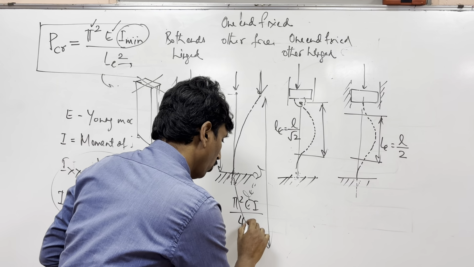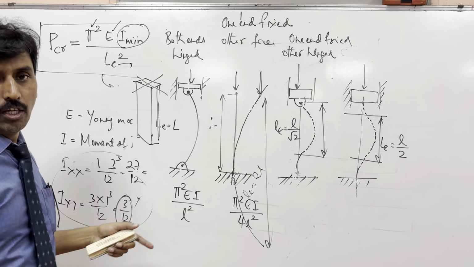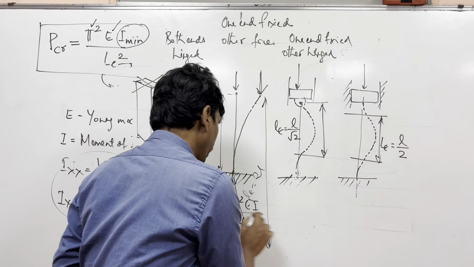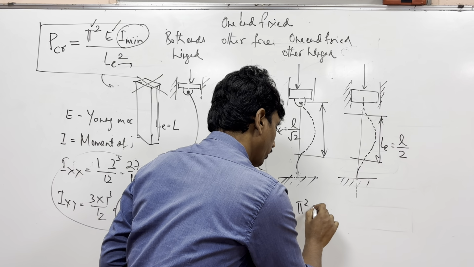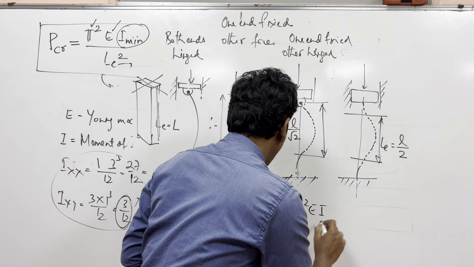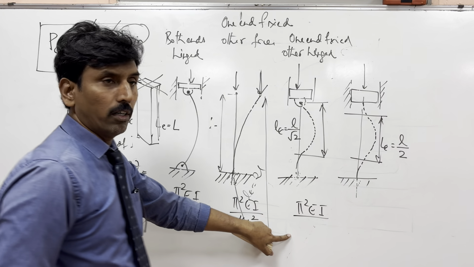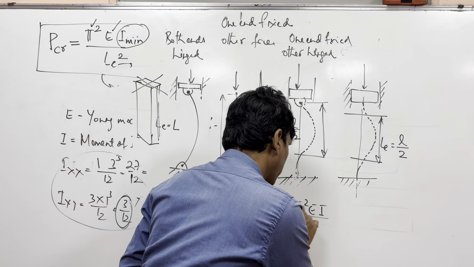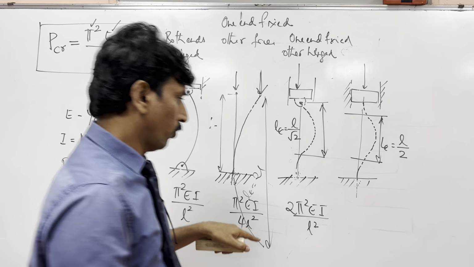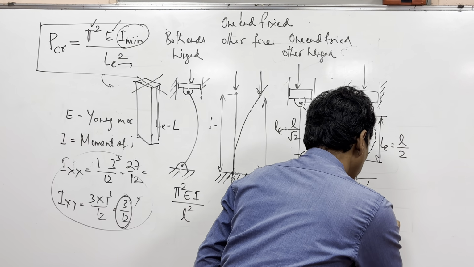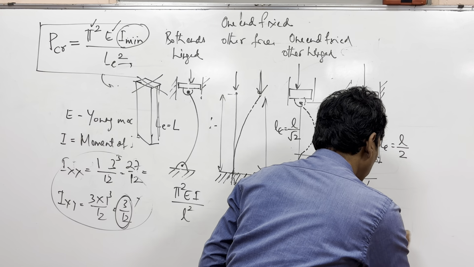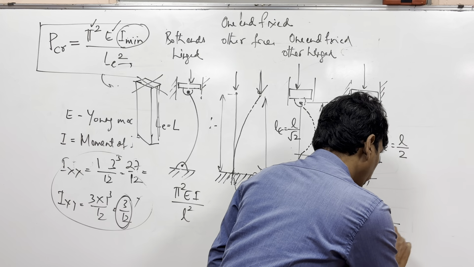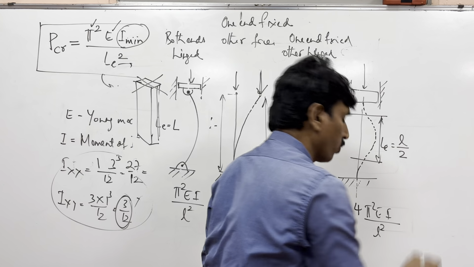L by 2 whole square, that becomes pi square EI by L square by 4. So it becomes pi square E I divided by (L by 2) square, so L square divided by 2 square, and the 4 comes above.